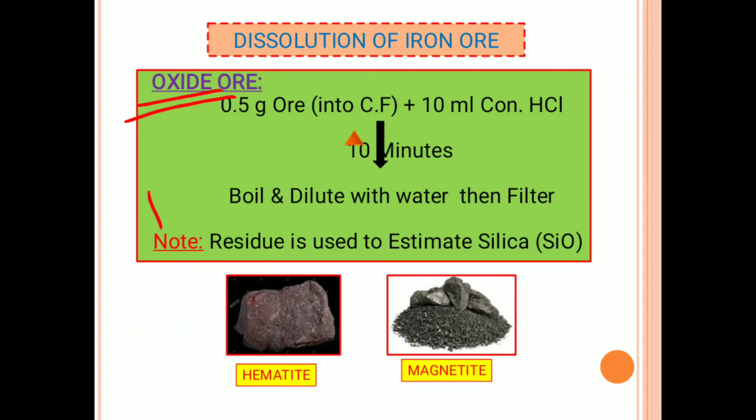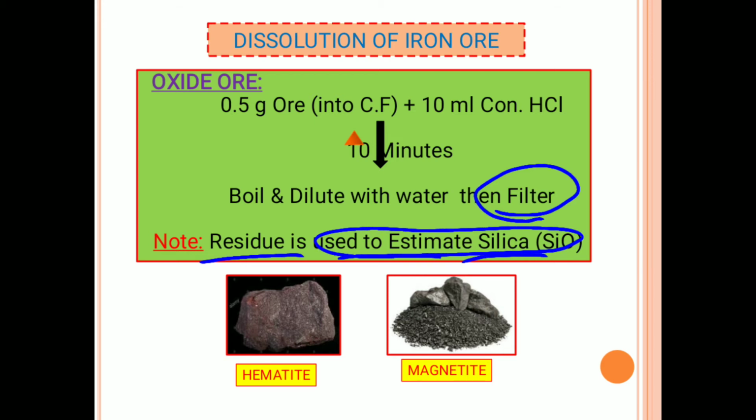If you boil it for 10 minutes, after that dilute with water. Then any solid material that is there is nothing but silica, which is in the form of a precipitate called residue. By using filtration process, you can separate that solid material, that is silica, which is used to estimate silica in iron ore.